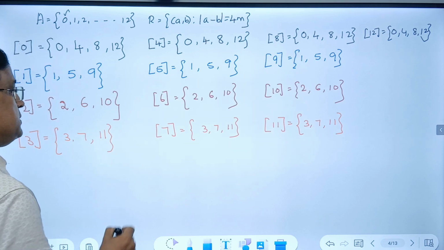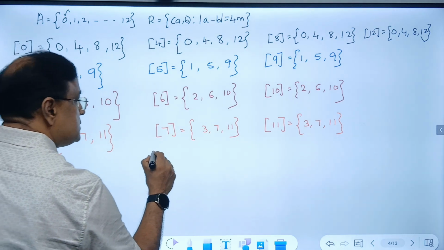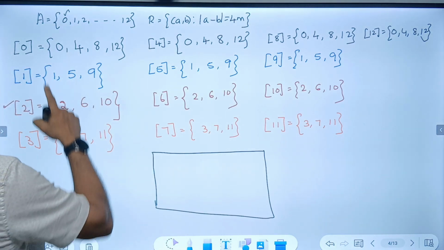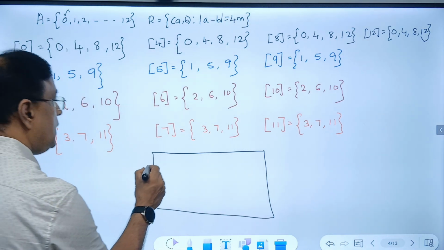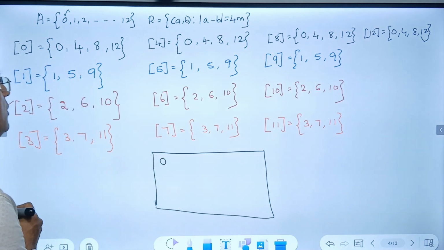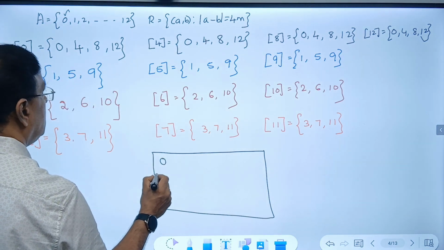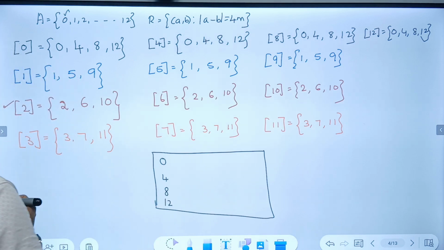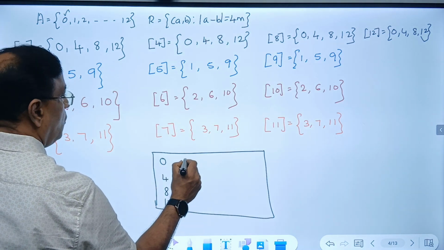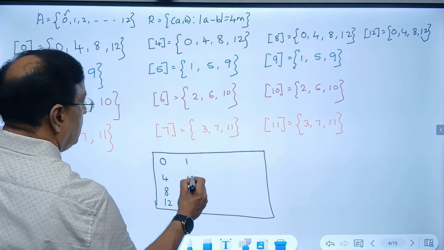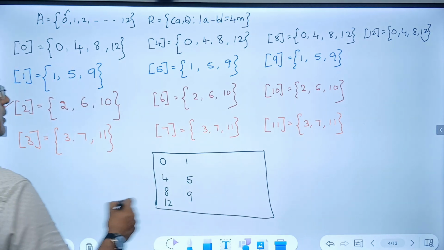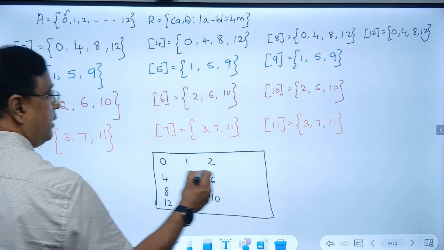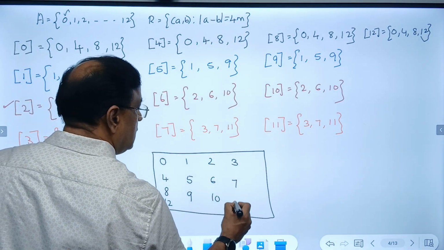Now what exactly happens here is, I have a set. My set contains how many elements? My set contains the elements 0 to 12. So I will write 0, then I have 4, 8, 12. Then 1, 5, 9. Then I have 2, 6, 10. Then I have 3, 7, 11.